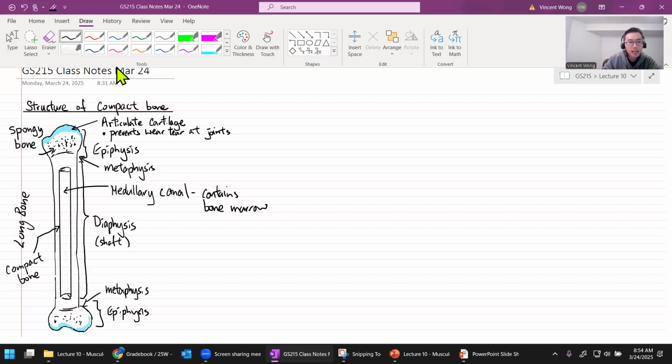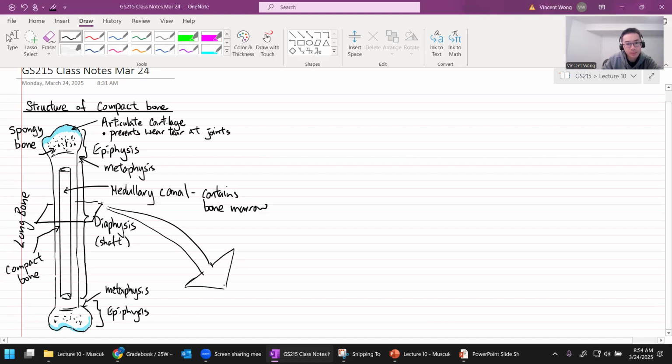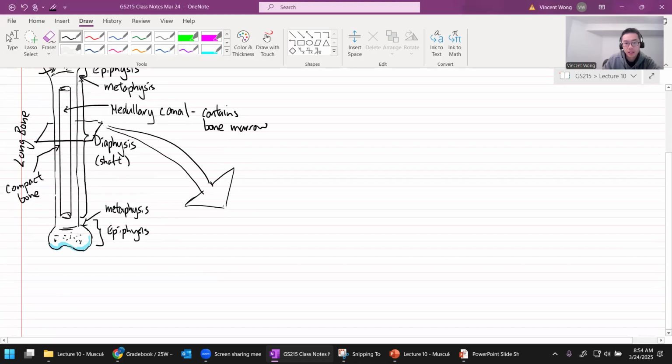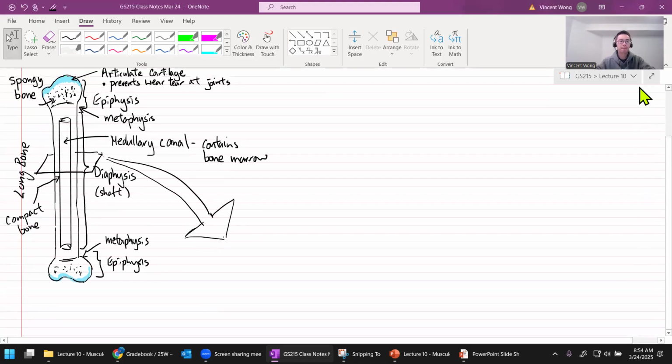So what we're gonna do next is take a transverse slice of the bone, open it up, and look at the closer details for it.